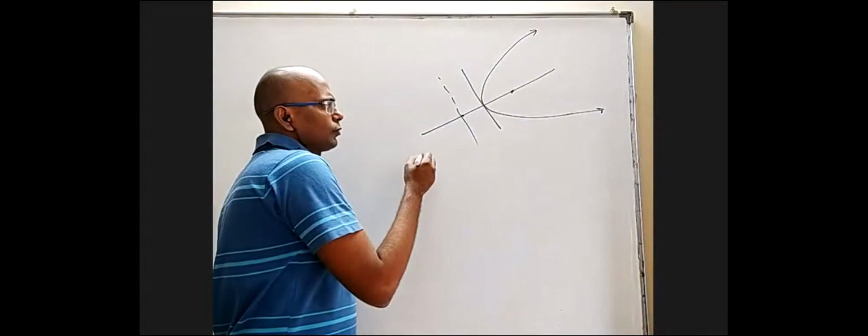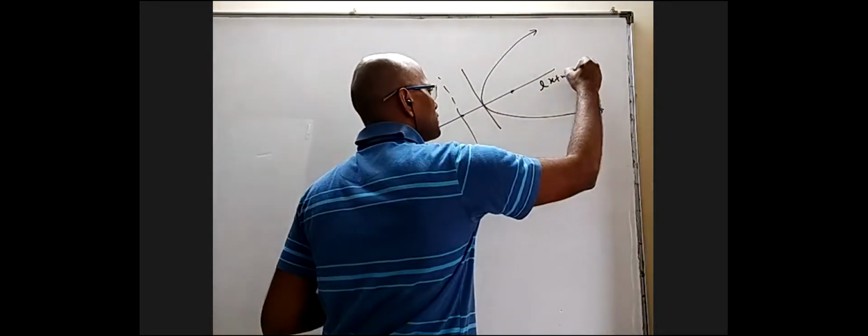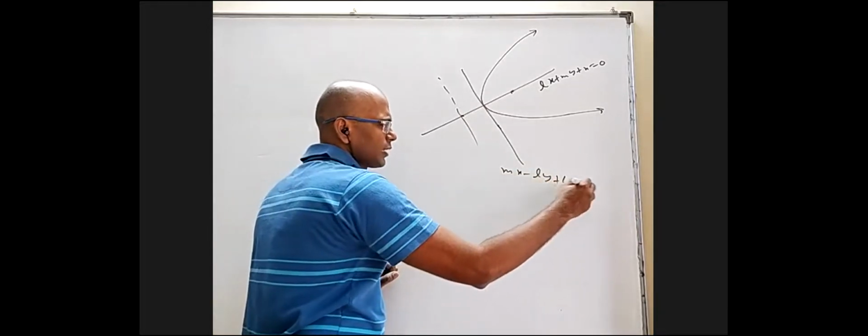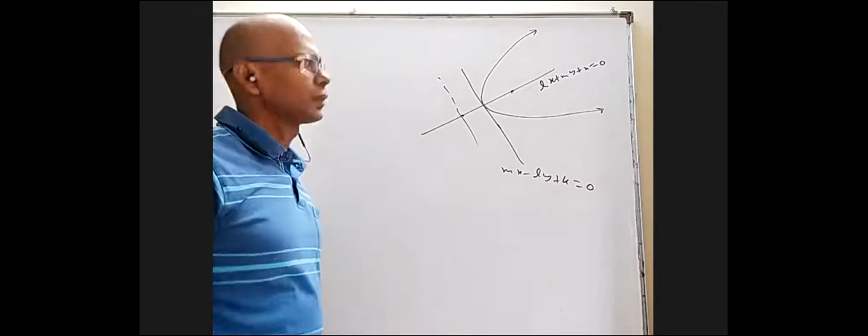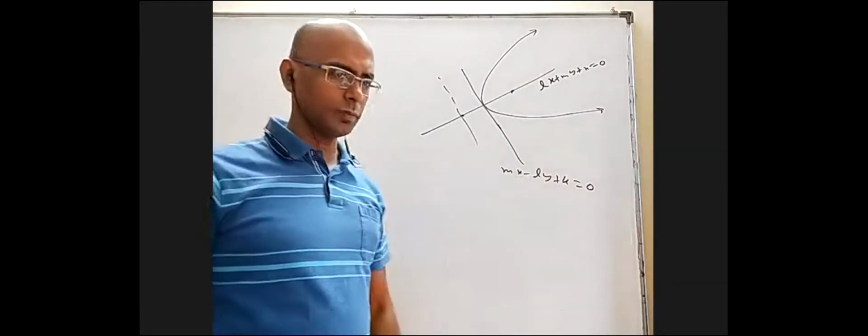So for that I want to give a small hint first. Generally, I always ask this question. If there is a parabola whose axis is some Lx plus My plus N equal to 0, whose tangent at vertex is some Mx minus Ly plus K equal to 0. Because these are perpendicular, if one has Lx plus My, the other will have Mx minus Ly.